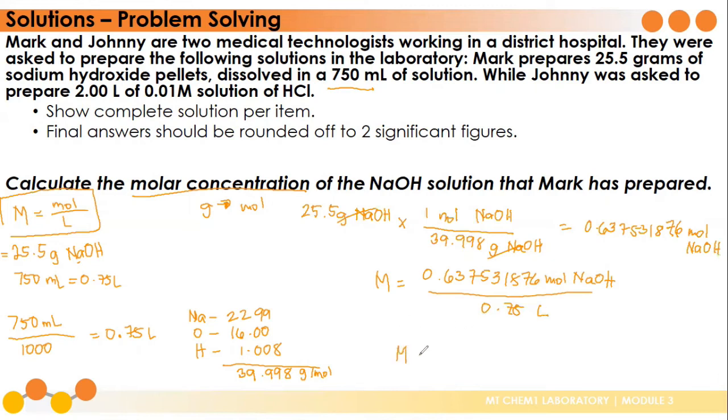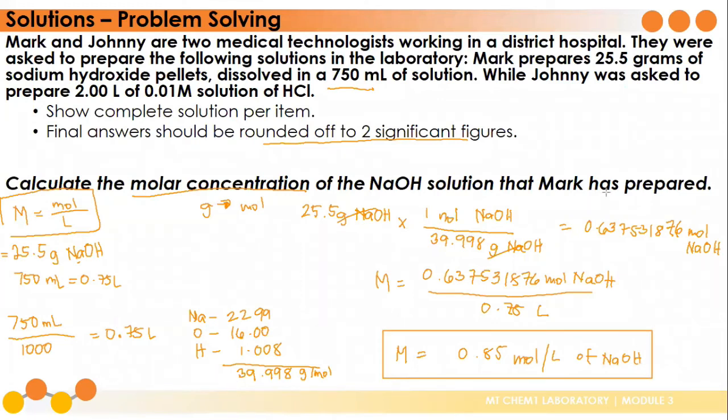Then our final answer, which is again rounded off to two significant figures, would be 0.85 moles per liter of NaOH. Okay?